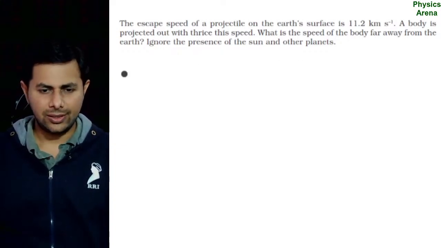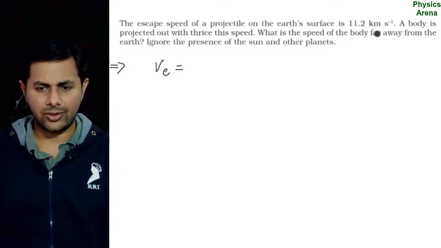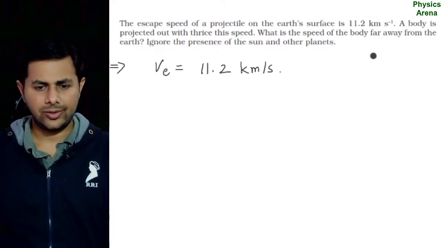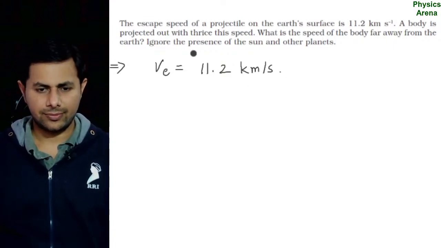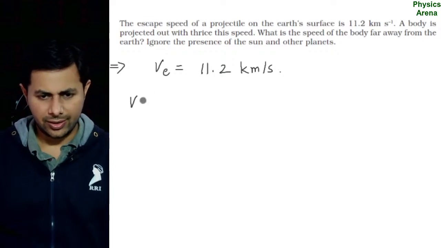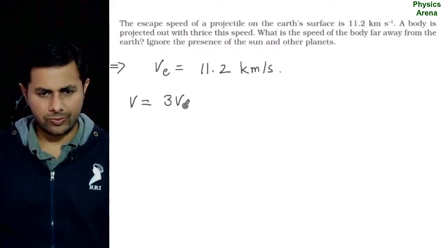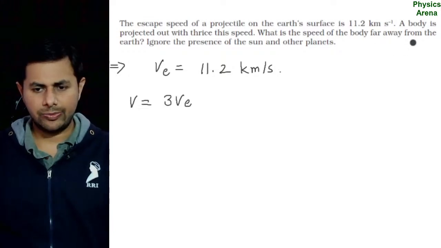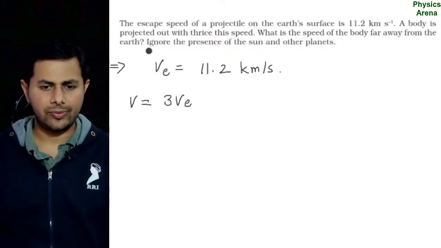So it's given that the escape speed on earth's surface is 11.2 kilometers per second, and the body is projected with v equals 3 times v_e, thrice this speed. The question is, what is the speed of the body far away from earth?